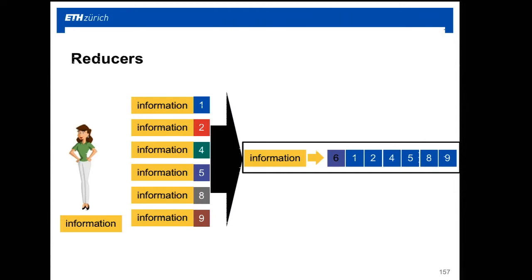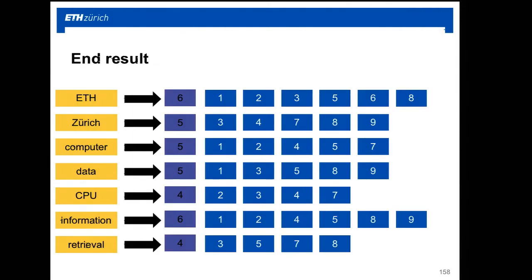For whom is this clear? Okay, so now it should be obvious. Reducers take care of terms, so it doesn't have to be that a reducer has only one term. Maybe this reducer is responsible for like 50 terms, so it will produce 50 different posting lists associated with the terms. And then you just gather everything around.